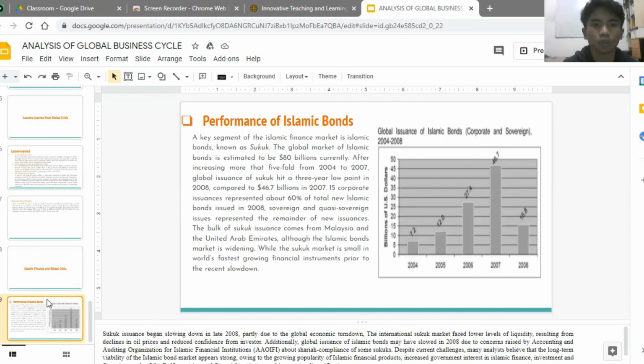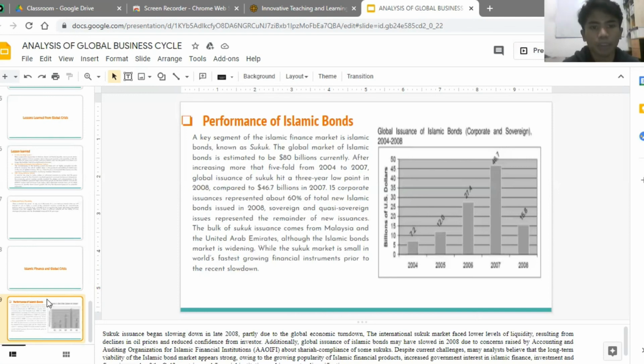Global issuance of Sukuk hit a three-year low point in 2008, compared to $46.7 billion in 2007.